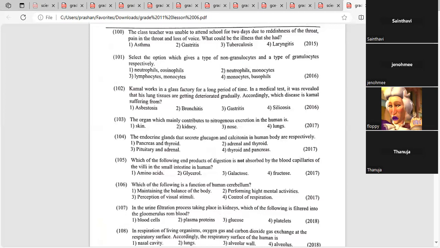You have to write the topic: Lesson 6, biological processes of human body, MCQ. Then write answers.